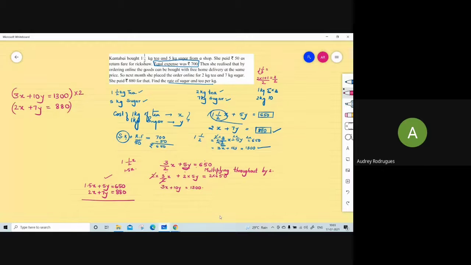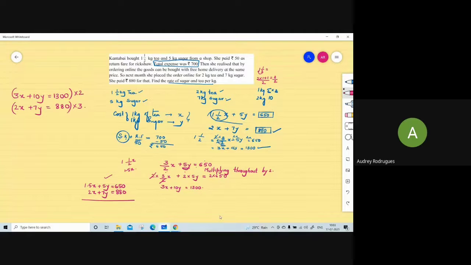This equation we multiply by 3. Teacher, we can also multiply equation 1 by 7 and equation 2 by 10. Yes, no problem, you can multiply that way, making the y coefficient the same. I don't want to go for big numbers, so I'm going for small numbers.